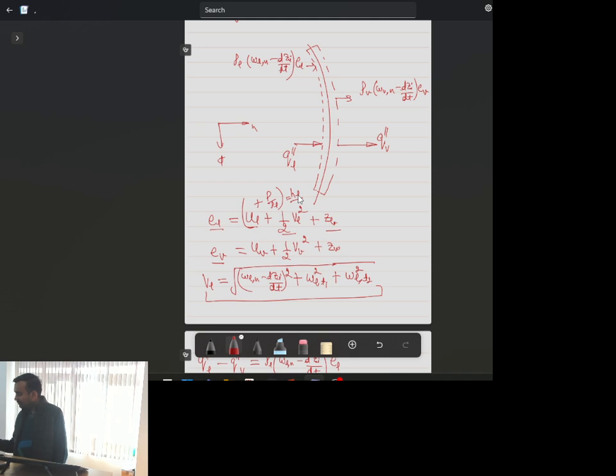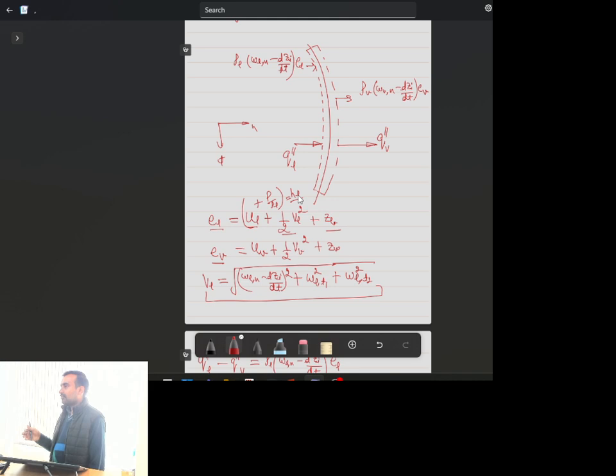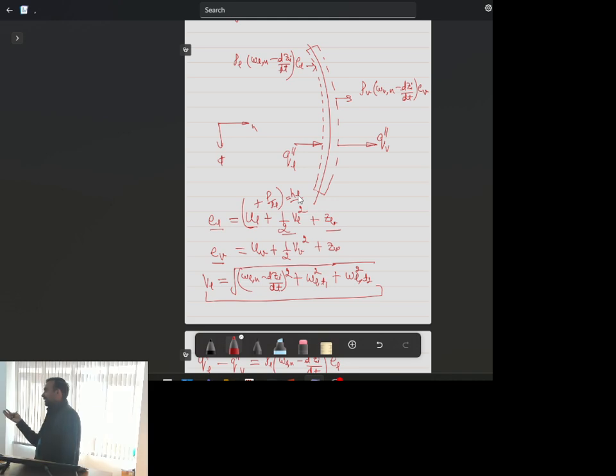Okay, so once we are talking about the flow, what does it mean? Whenever we have some flowing stream, then along with the internal energy, which is associated with thermodynamic properties, we also have one more property, which is called flow work.